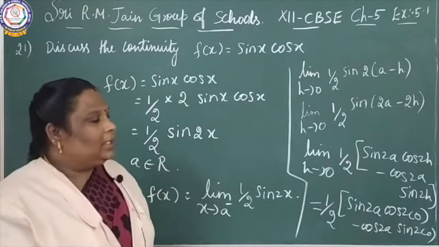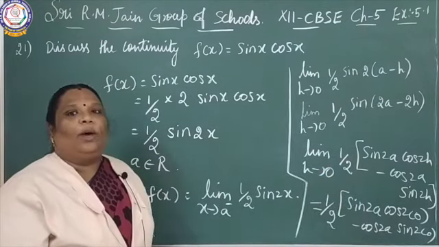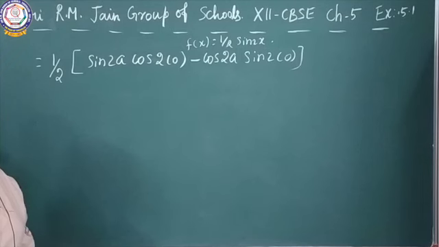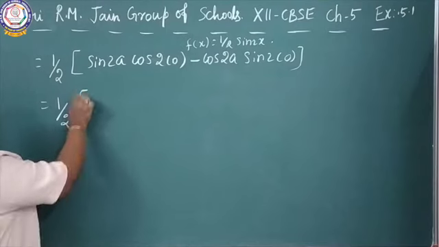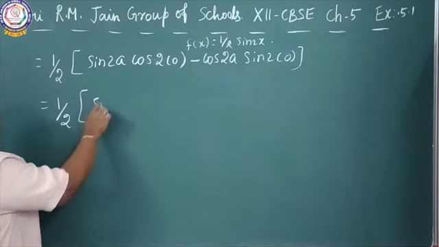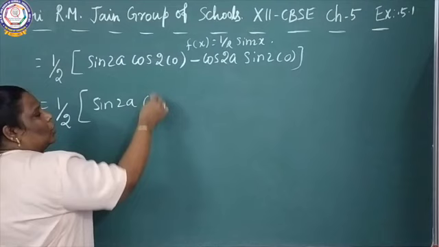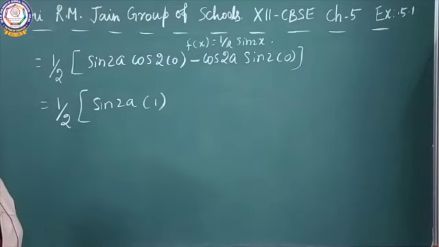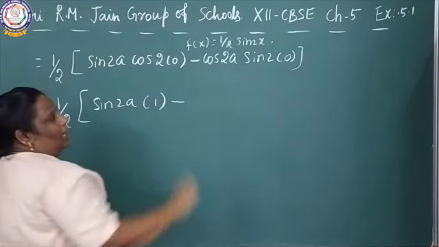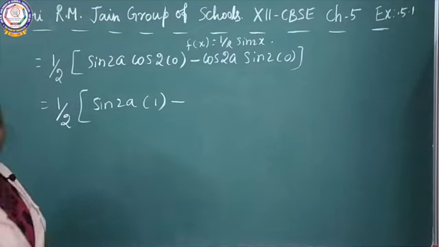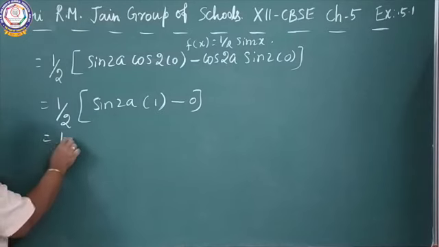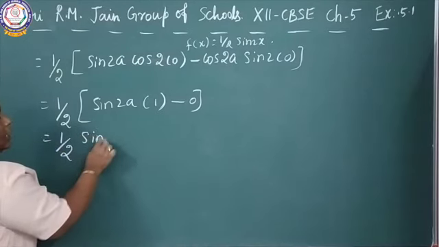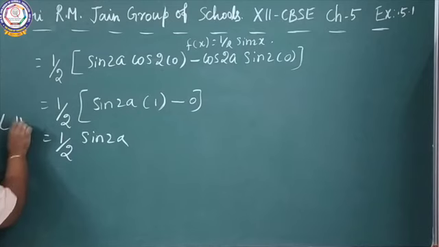Cos 0 value is 1. Sin 0 value is 0. So what is the answer you are getting now? 1 by 2 into sin 2a. This is my left hand limit.